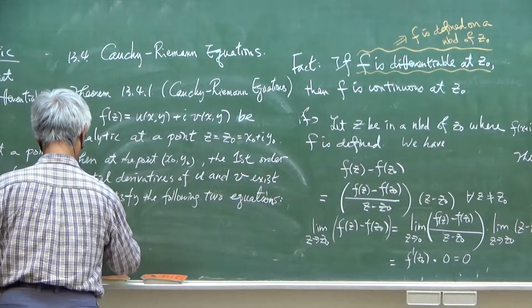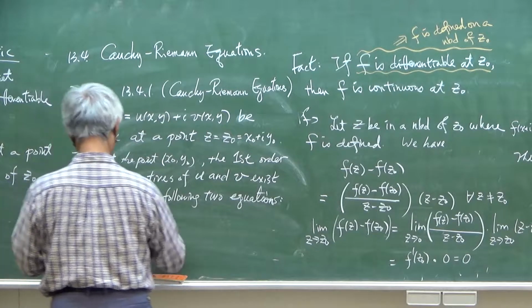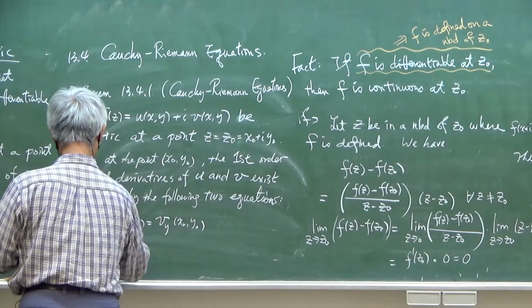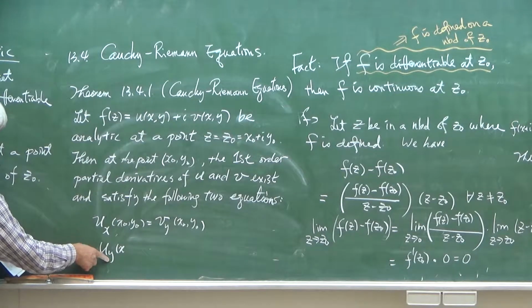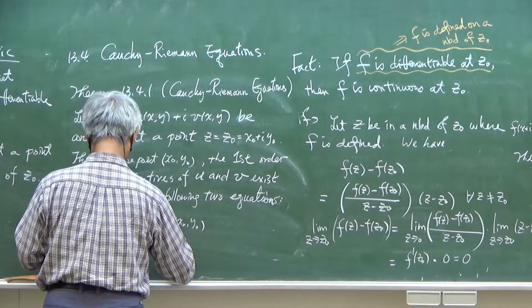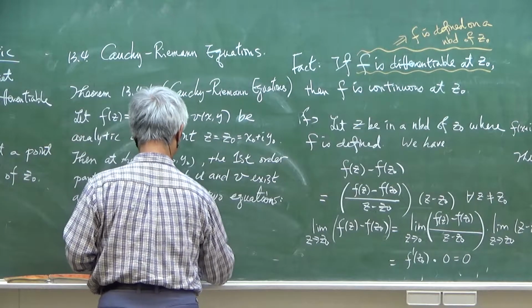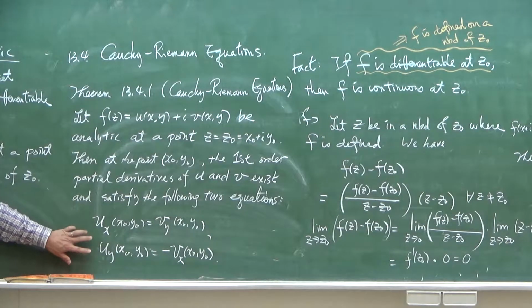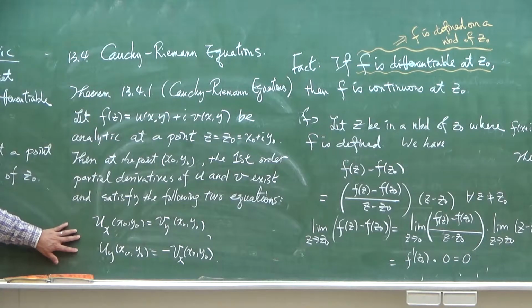Okay, so it's u_x at (x0, y0) equal to v_y at (x0, y0). And u_y, the partial derivative of u with respect to y at the point, is equal to minus v_x at the point. Okay, so we have two first order partial differential equations.